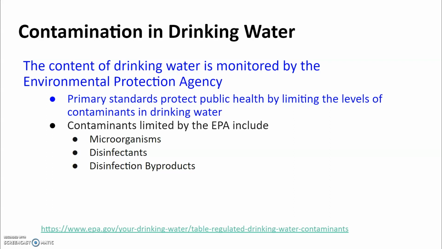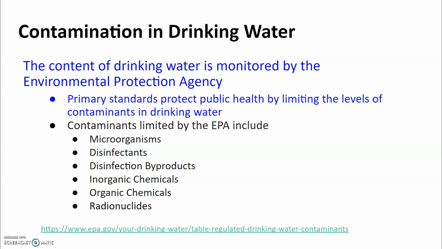Disinfection byproducts are not allowed by the EPA, so these are chemicals that result after cleaning something. And then inorganic chemicals are typically not allowed as well. Organic chemicals are something we look for also, and we just want to make sure that anything harmful really stays out of our water.